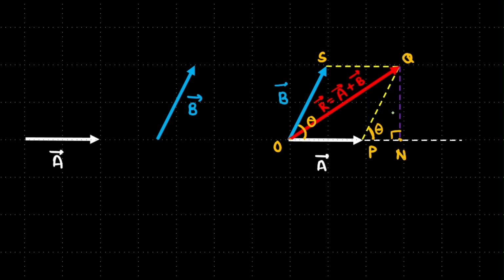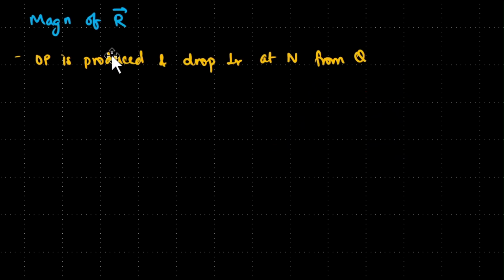Very confusing, I know, since I'm not writing the arrow, I'm trying to say B as in a length. And now let's take a look at some triangles and find out what we need.